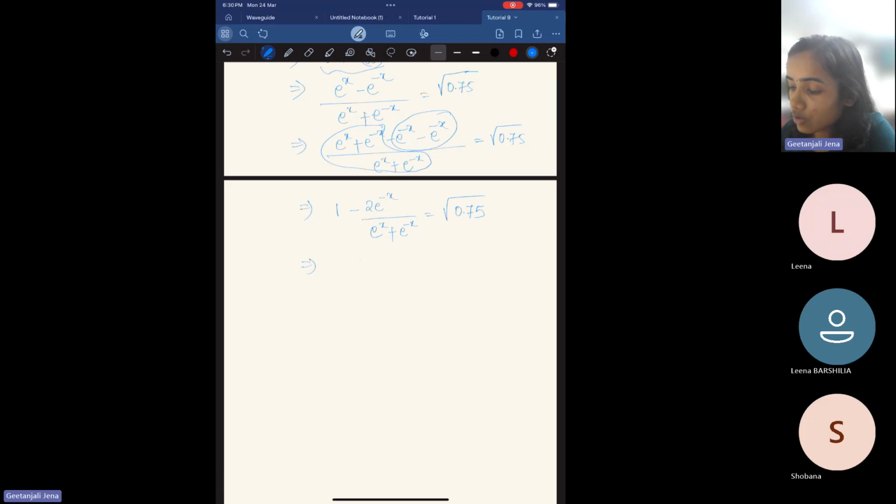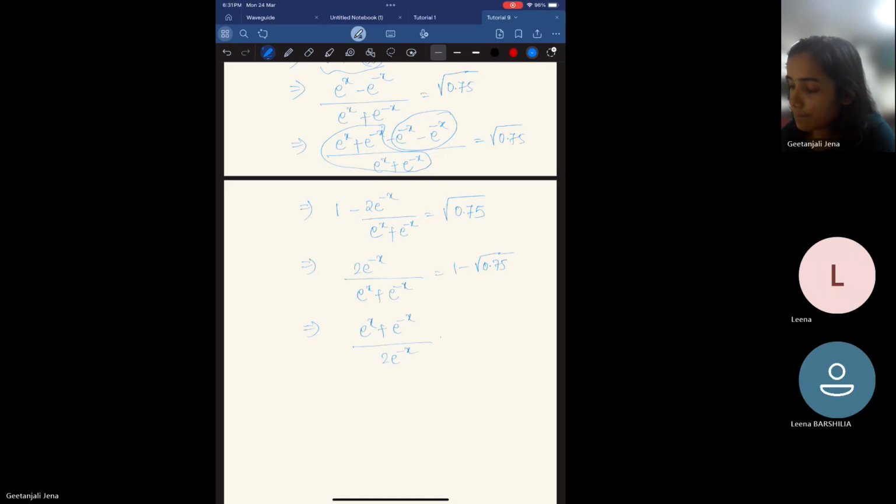Now we can rearrange it again. So e to the x plus e to the minus x over 2 e to the minus x will be 1 minus the square root of 0.75. To get e to the minus x, we need to eliminate the exponentials. For that, let us take the inverse.